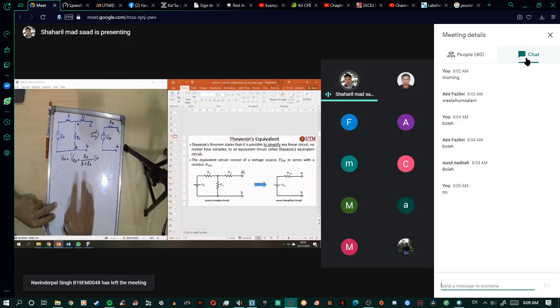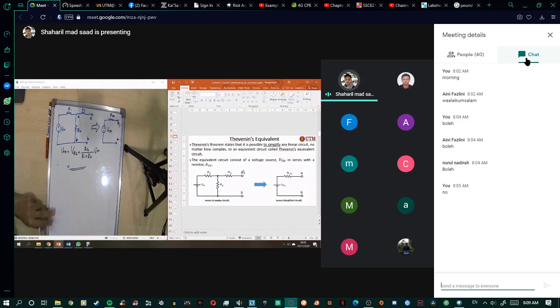Now you have VTH. This is the formula. For RTH, how do you find that? You just short the supply voltage. Shorted here, so now you can see that R1 and R2 are in parallel, so we can find RTH here.